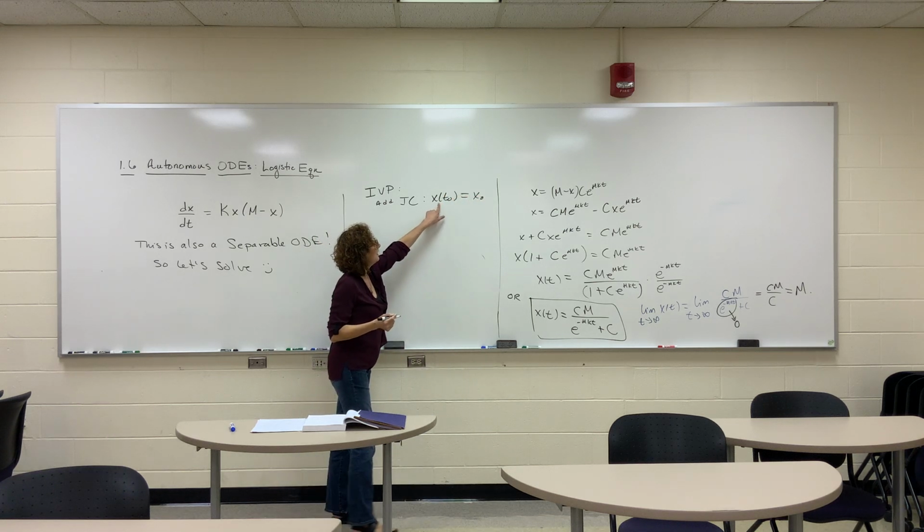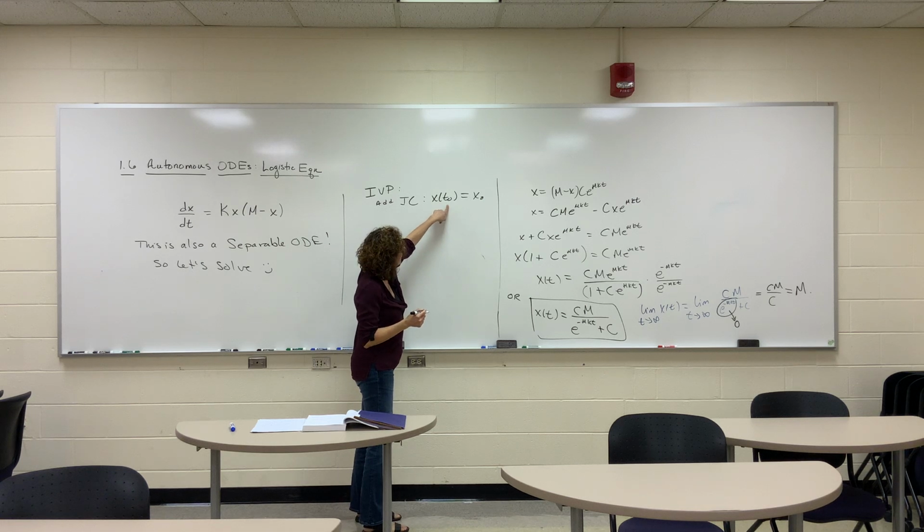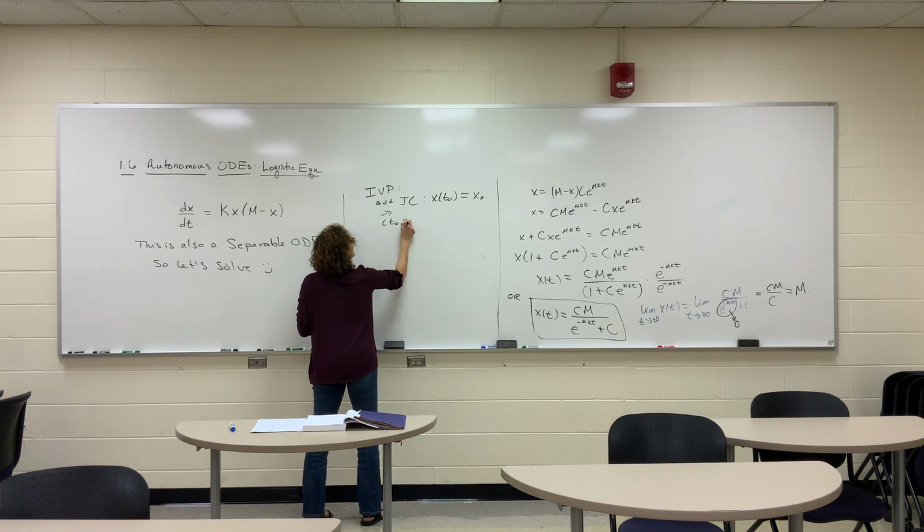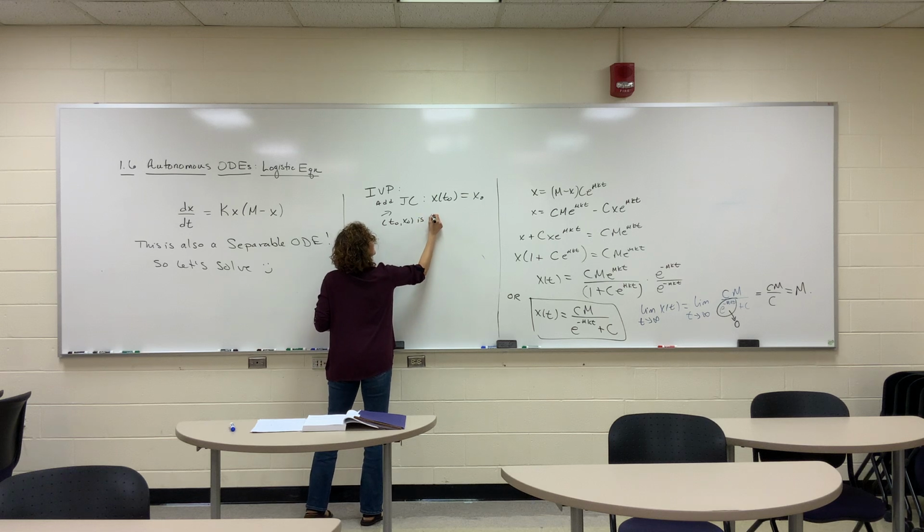So at some initial time t naught, the population is x naught. That just means visually that (t naught, x naught) is on the solution curve.